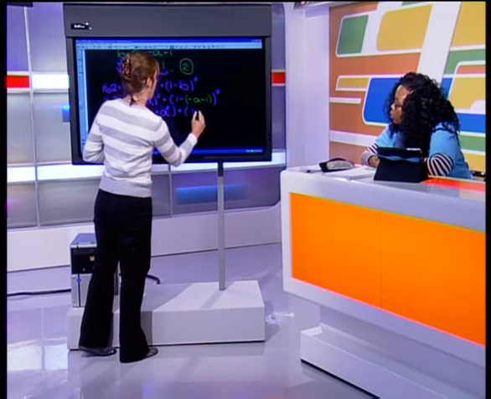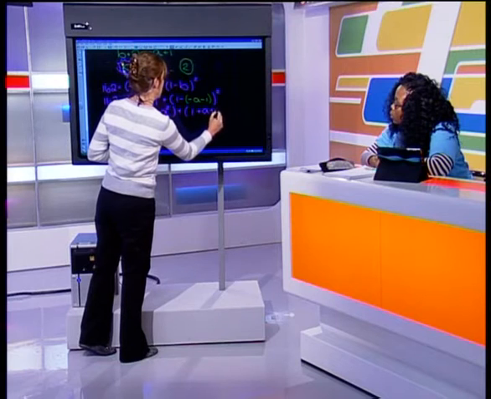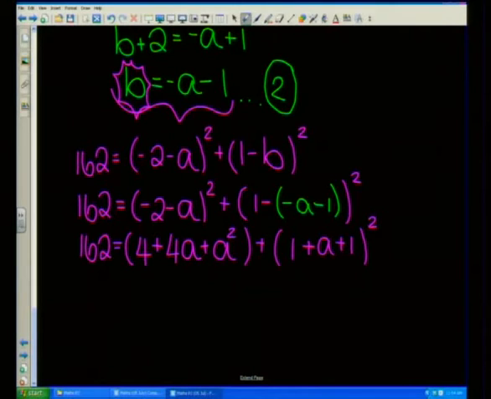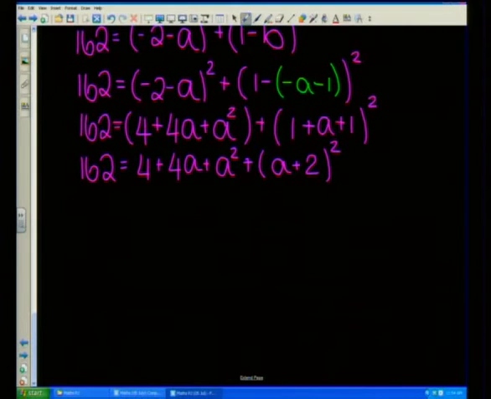And I've got 1 negative, and a negative is now going to make positive a plus 1, and that's going to be squared. We've got 4 plus 4a plus a squared. And now over here, we've got a plus 2, and again that's going to be squared, so again, you're going to have to do FOIL there.